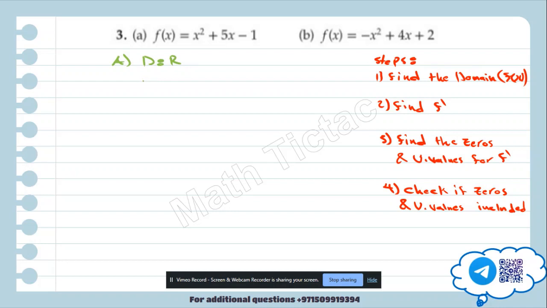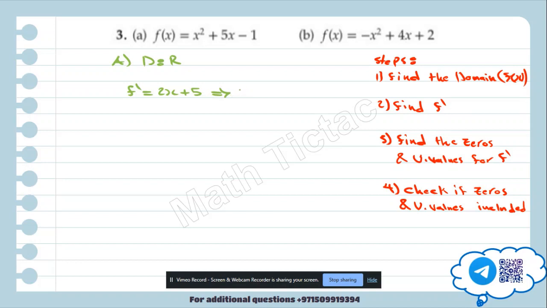Now, what is the second step? Finding f prime. The derivative of x squared is 2x. Then the derivative of plus 5x is plus 5 only, and the derivative of the constant is equal to 0. Then moving to the next step, which is the zeros and the undefined values. This is a polynomial. There are no undefined values for a polynomial.